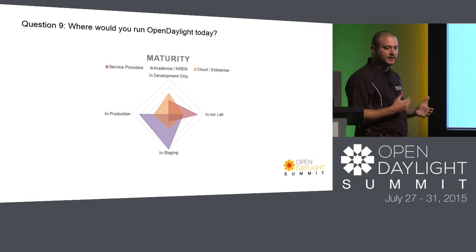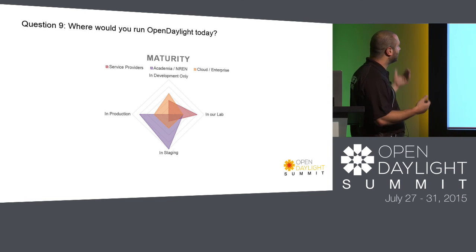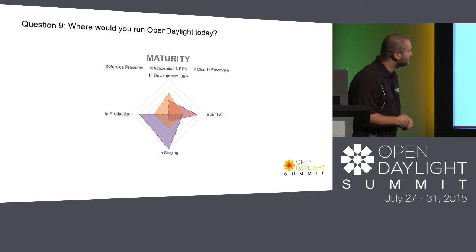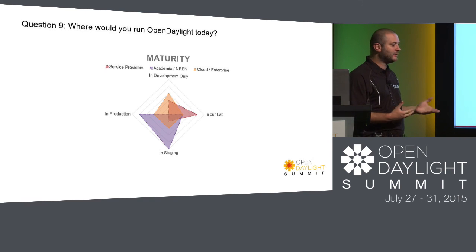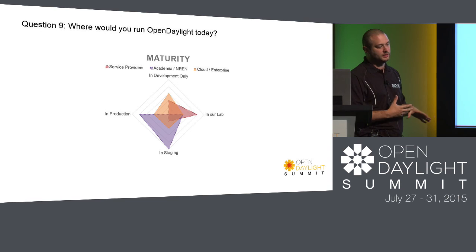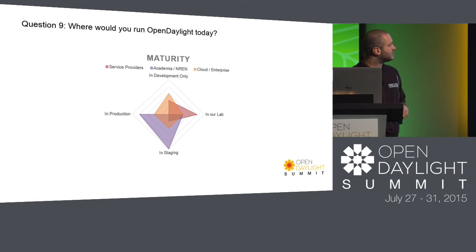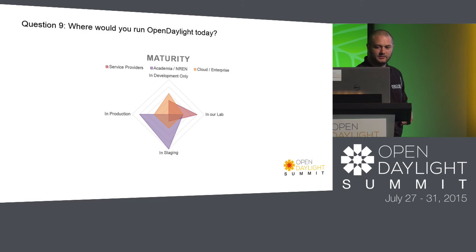So they can take a little more risk than a traditional service provider. Then service providers had it in their lab at least, and were planning to put it in production at that point. Some of them since then have deployed it more fully in production. And then cloud, of course, is pretty much spread across, right? No conclusion.